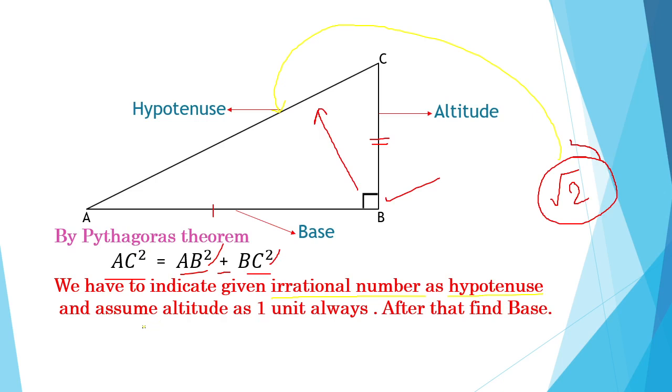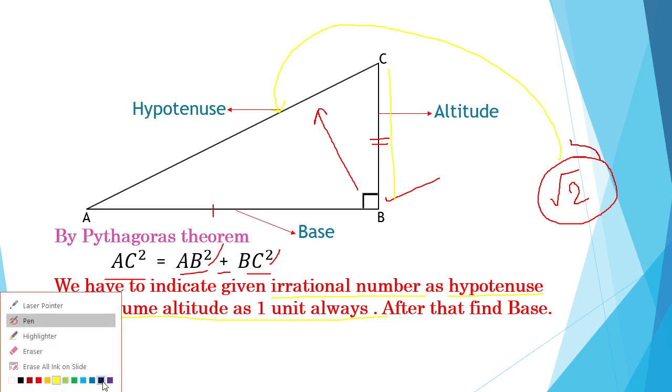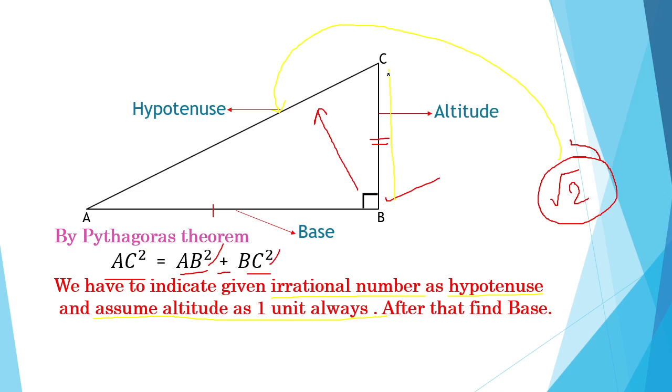And assume altitude 1 unit always. This altitude is 1 unit. So this one is altitude, and we have to keep always 1 unit.